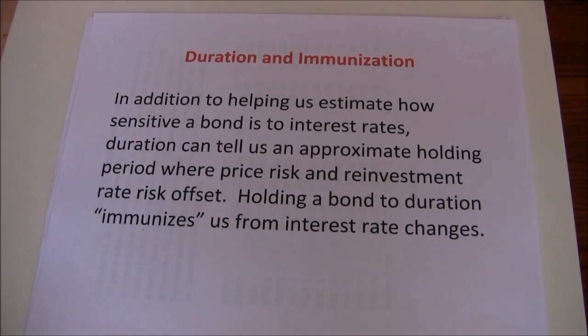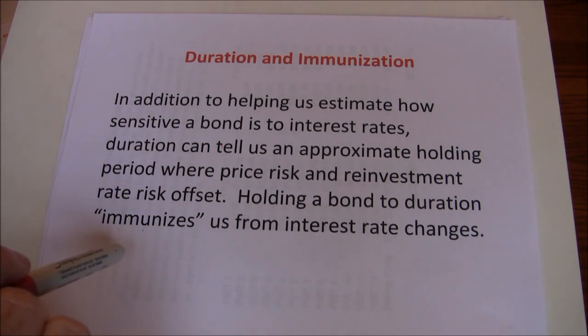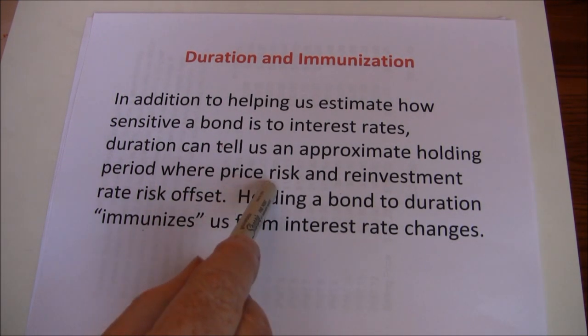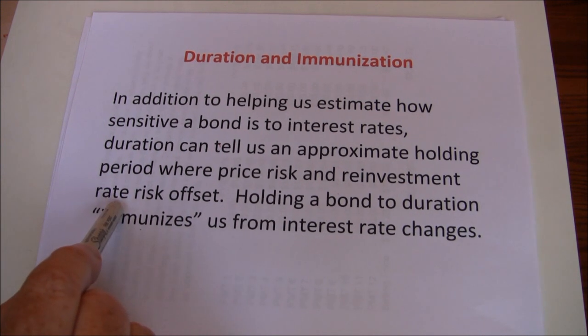Now we're going to switch gears. Instead of talking about convexity, we're going to talk about immunization. One of the things duration can be used for is to talk about how bond prices change when interest rates change. How sensitive is the bond price to interest rate changes? Another thing that it can do, though, is help us balance off price risk and reinvestment rate risk.